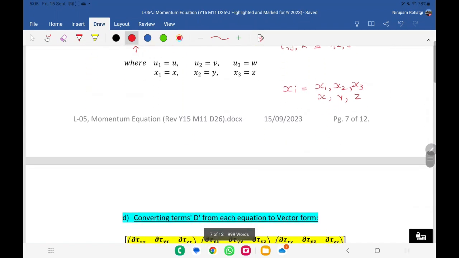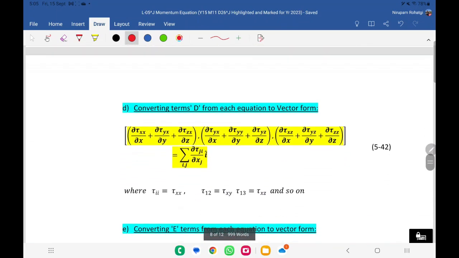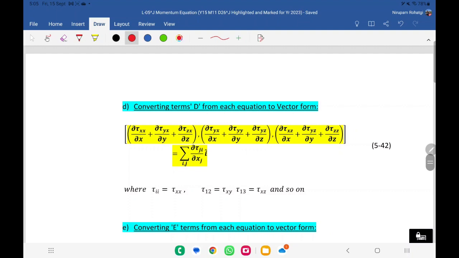And you have to do it on your own. Then if you talk about the D term, D again has a set of 3 terms. So this is the x component, this is the y component, this is the z. You put them all together, you get these 9 terms in one summation sign. The same rule applies here for xj, i and tau ij.